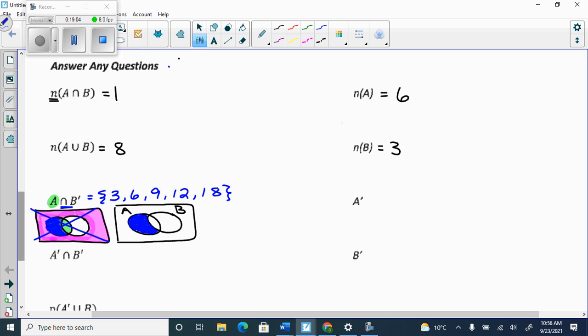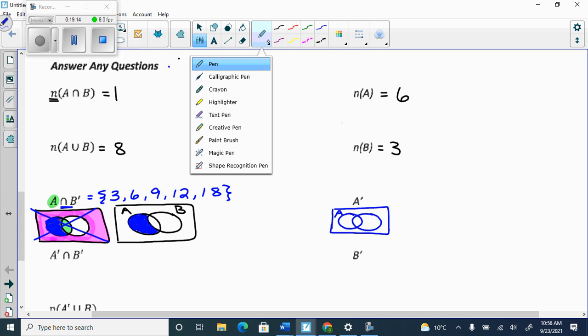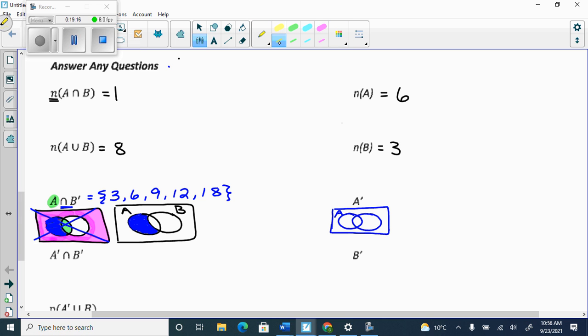What about not A? If this is A, what's not A? When it says not something like that, I literally just go around A and say, okay, well, it can't be in there, so everywhere else. Because that double up also includes A, doesn't it?